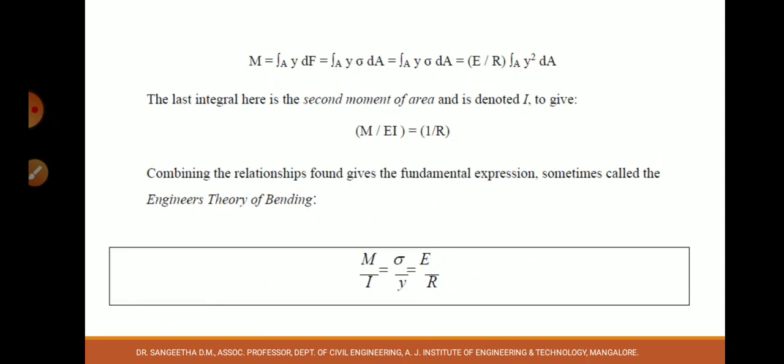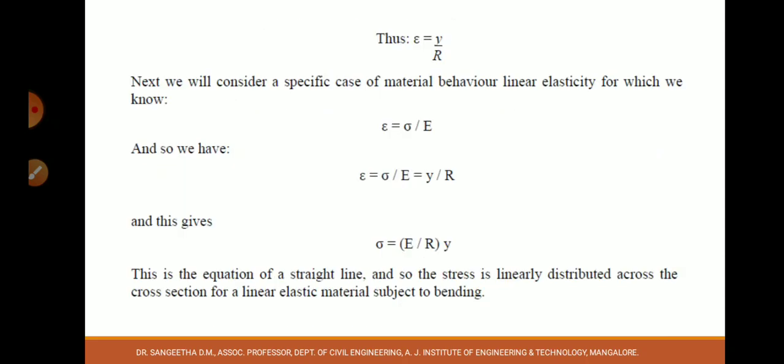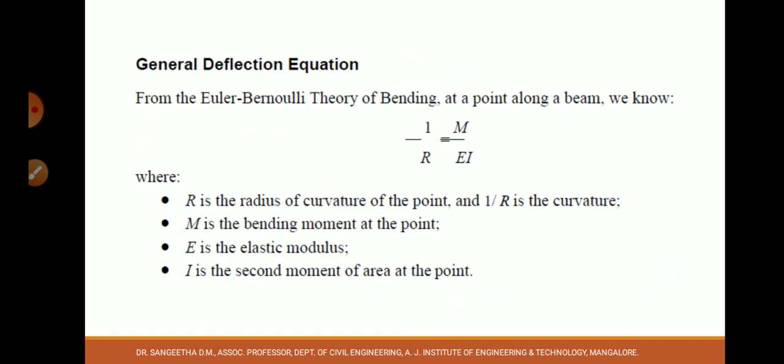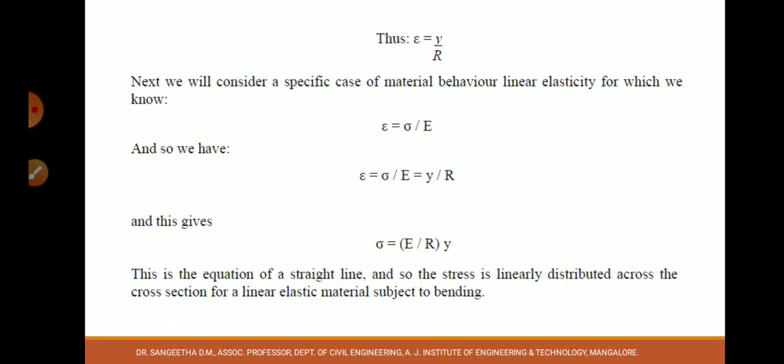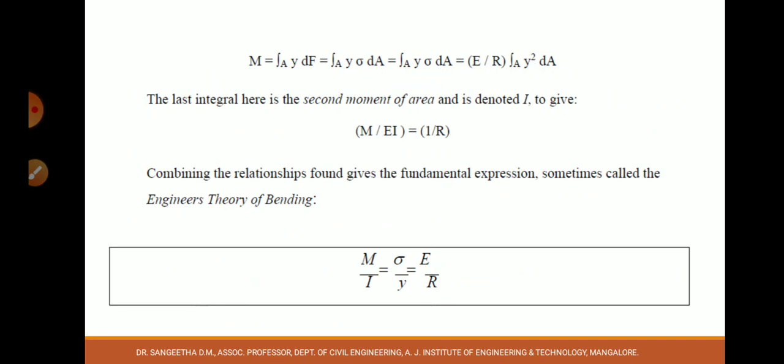Sigma is E by R into y. Substituting that term, E by R remains constant, and the integral of y square into dA is known as the second moment of an area.